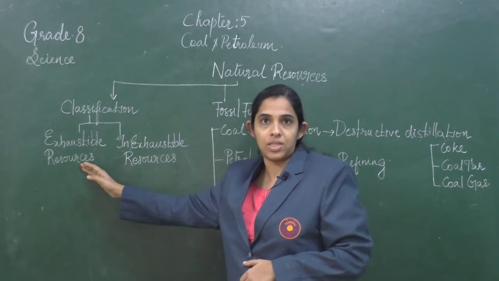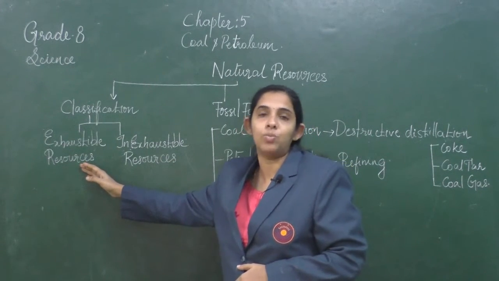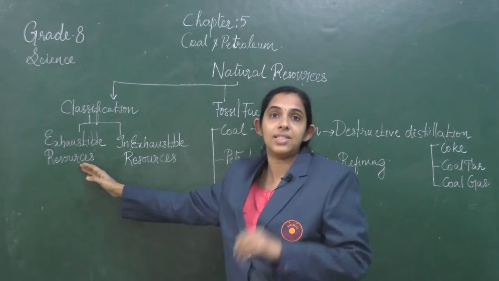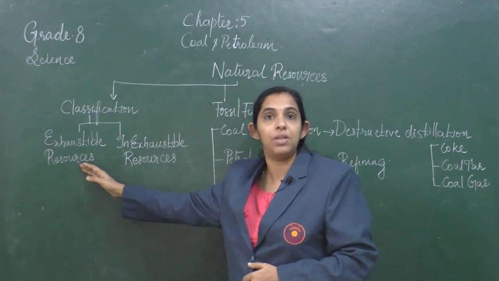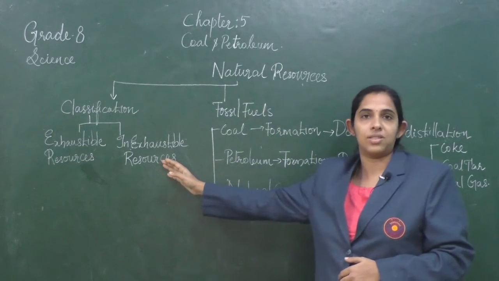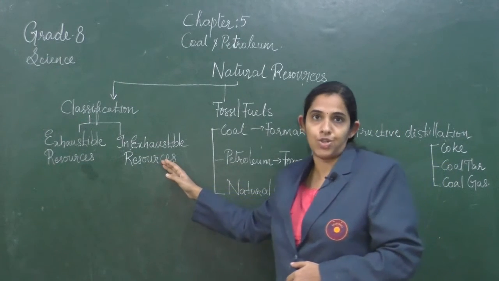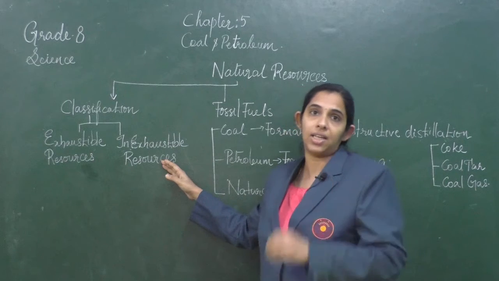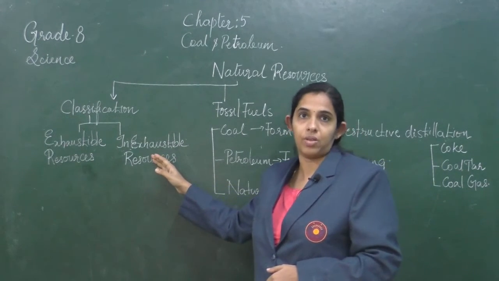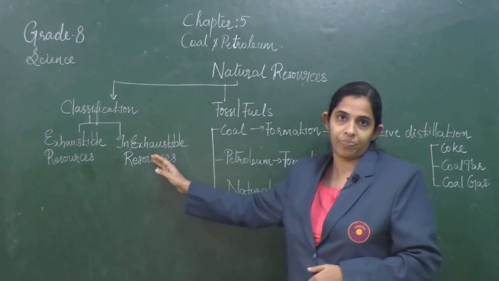They are resources that get exhausted due to continuous human consumption. Their availability is limited in nature, for example, fossil fuels. And what are inexhaustible resources? They are present in unlimited quantity in nature, or they are less likely to be exhausted due to human activities, for example, air, water, wind, etc.